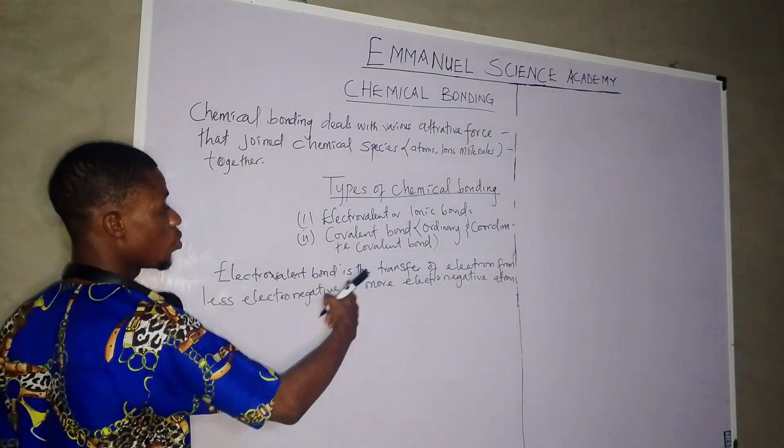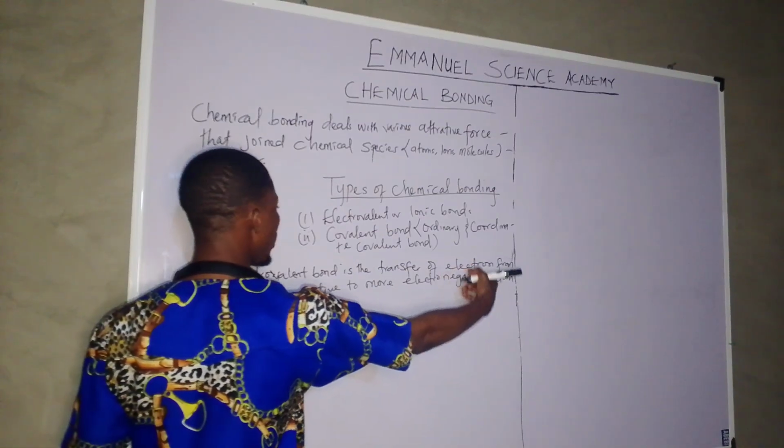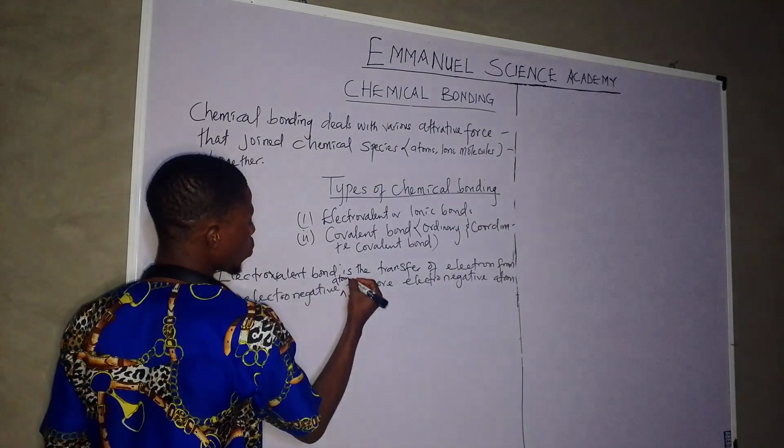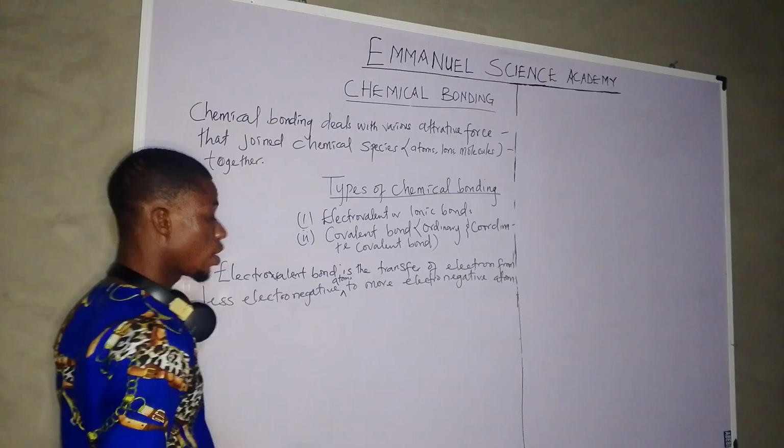So electrovalent bond is the transfer of electron from what? From less electronegative atom to more electronegative atom.